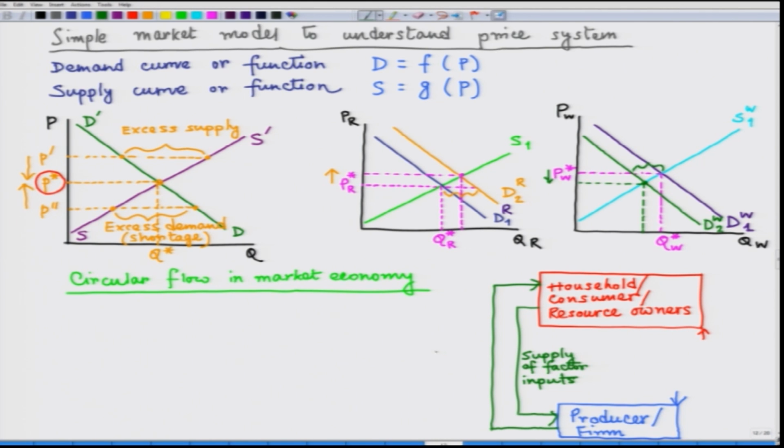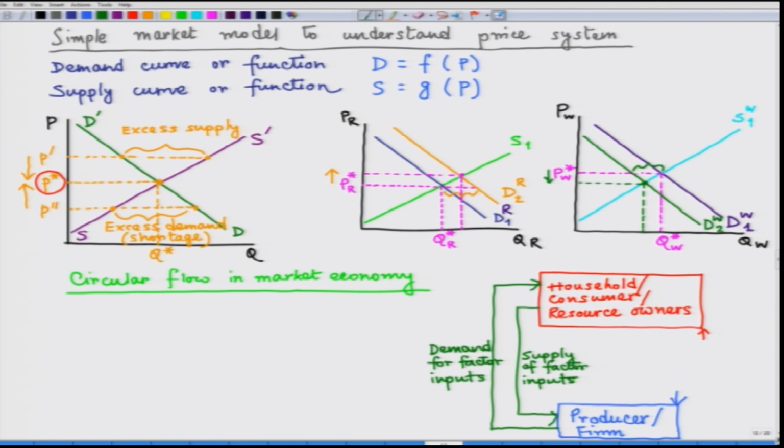So, this is demand for factor inputs. As the household or the consumer supplies these scarce resources to the farm or producer, in return they earn income.